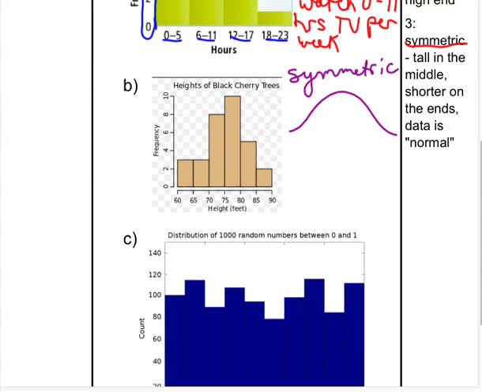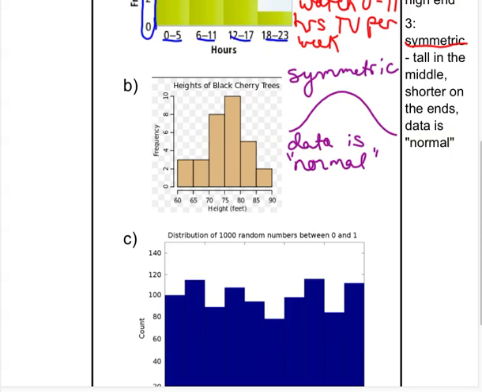If you ever see any display of data that has this shape, it falls on what we call a normal range. And I would put normal in quotes because it doesn't mean normal as in this is what's supposed to happen. It's just the term that we use when data happens to fall on this shape.